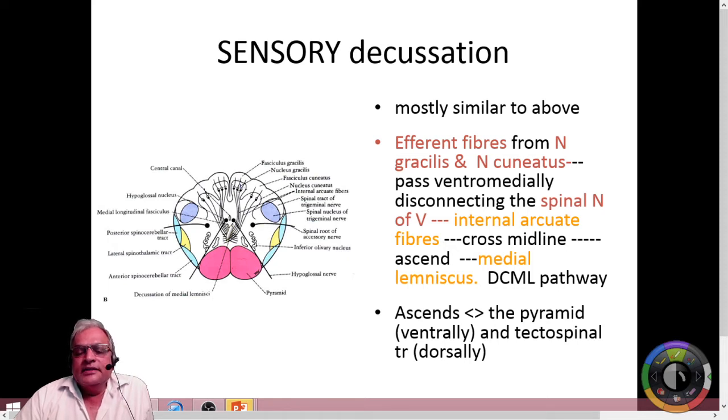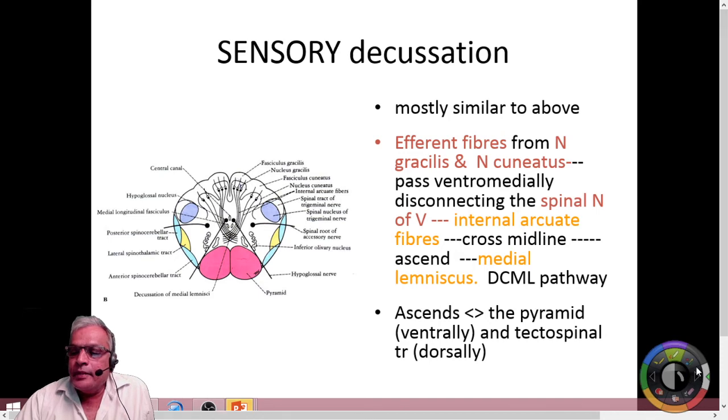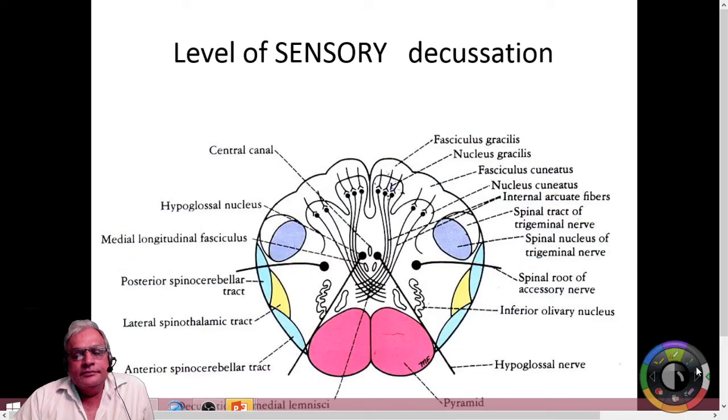It ascends between the pyramid ventrally and the tectospinal tract dorsally. So that's your dorsal column medial lemniscal pathway. This is an enlarged view.